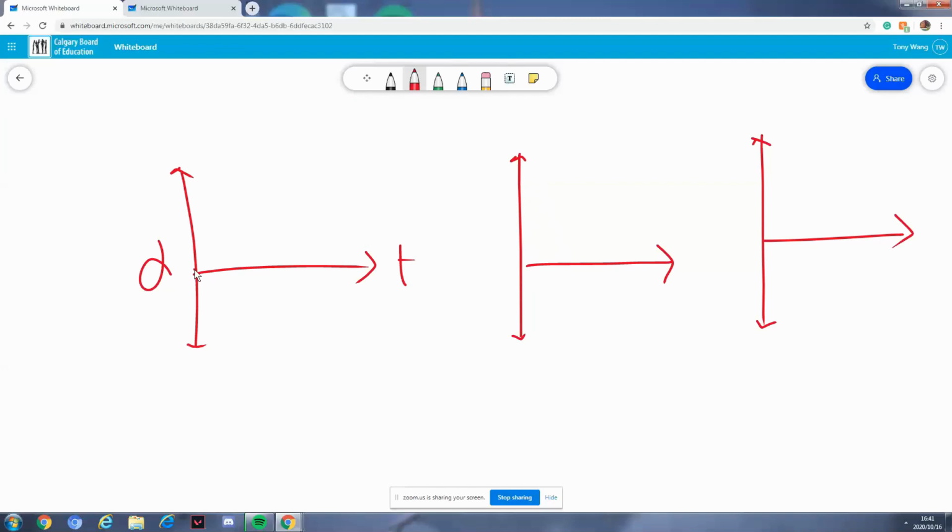Okay, so this is what the graph looks like. All right, let me break it into components for you. Curve, straight, curve, middle, straight, curve, straight, curve.